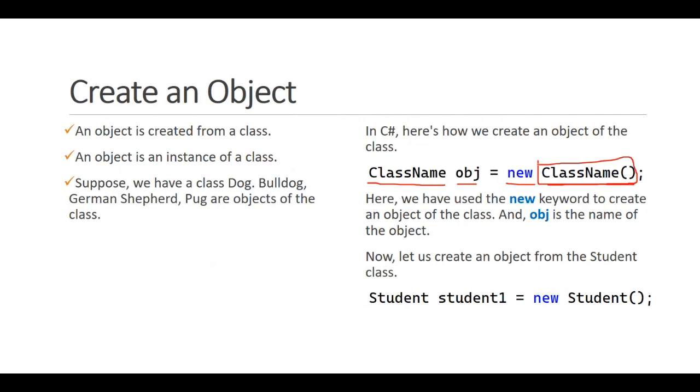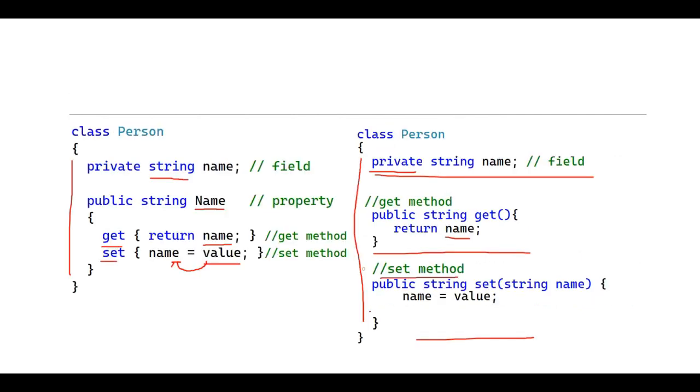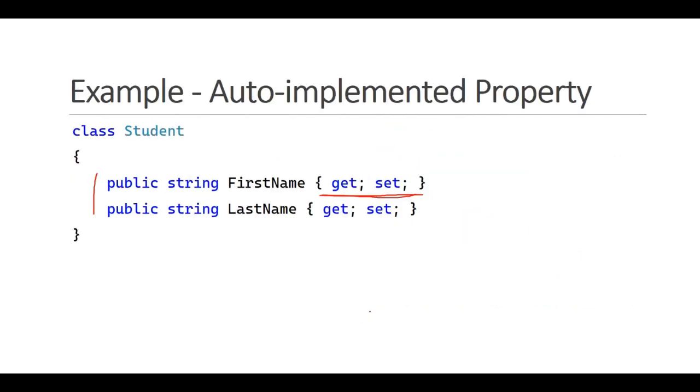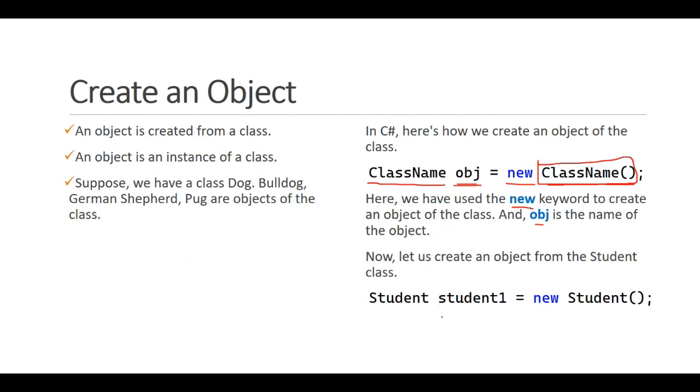It is a special method. It is also a method, but it is a special method with the same name as the class. And it will be the template for when we are going to create an object. Here, the new keyword creates an object of the class, and obj is the object name. For example, here we have a Student class, and we can create a Student object.